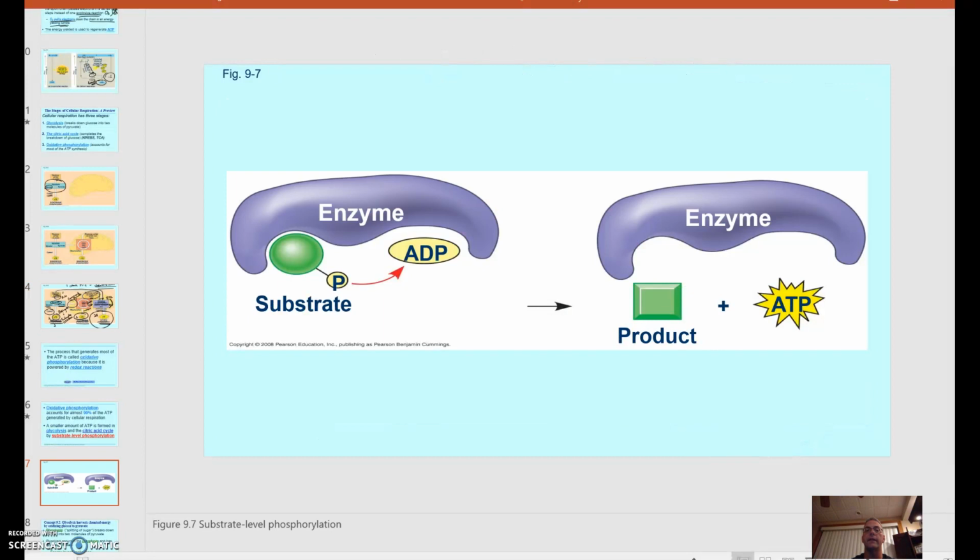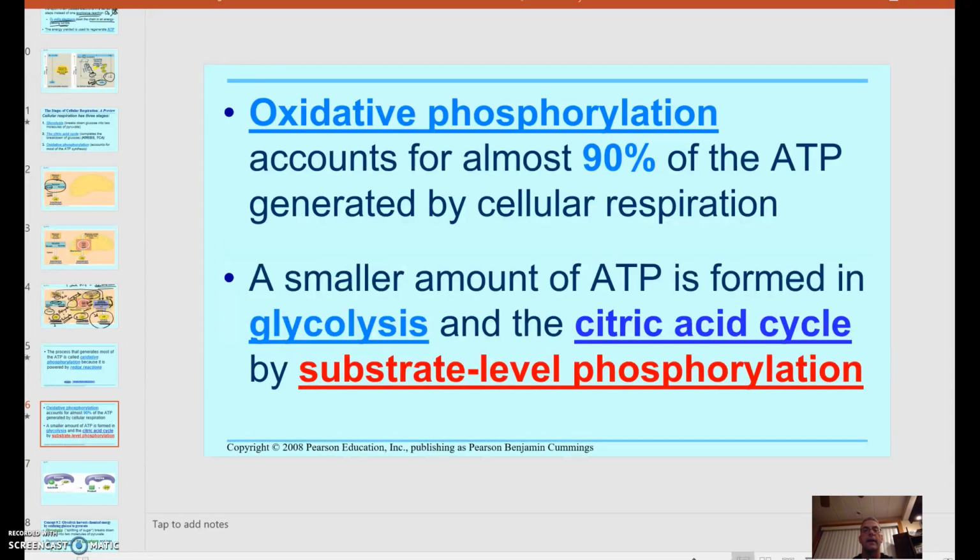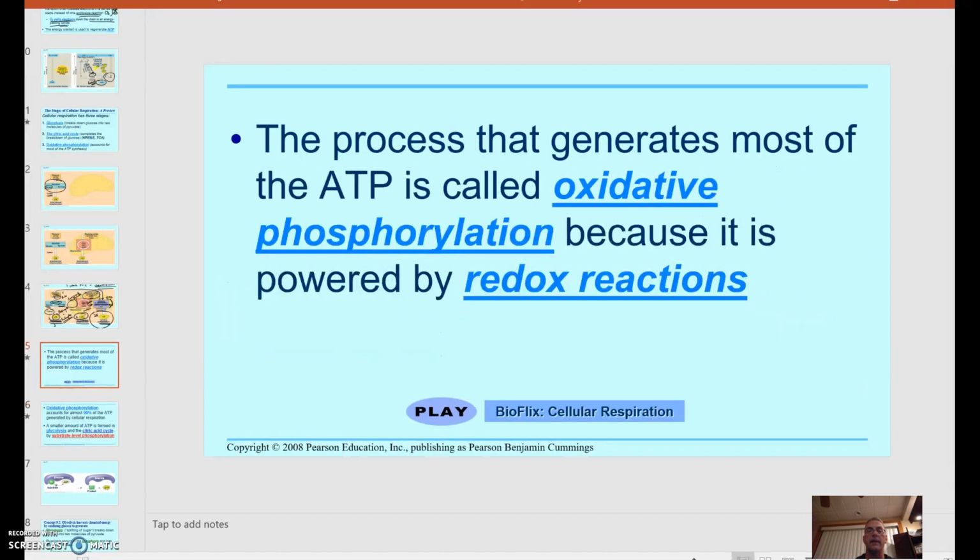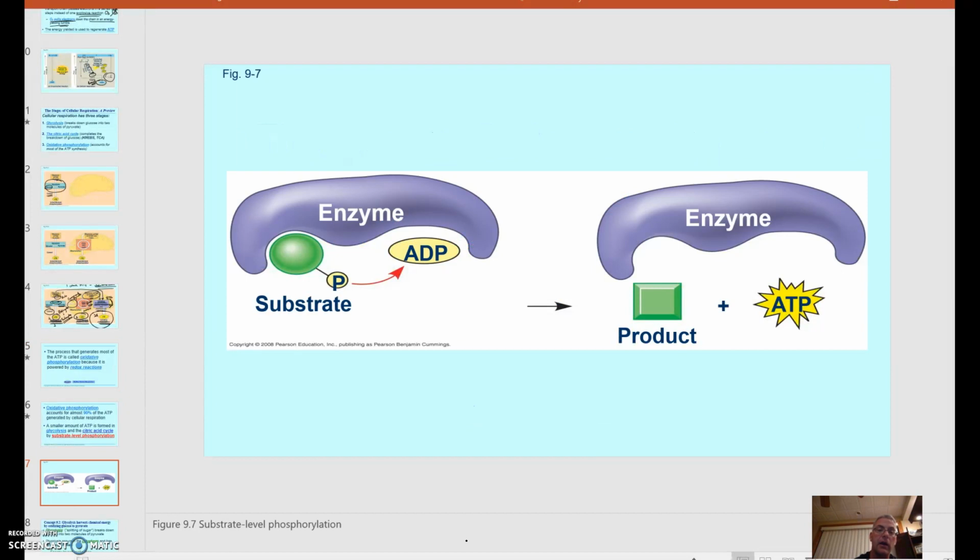Now, just real quickly, you saw me mention the term substrate level phosphorylation. The big difference between oxidative and substrate level phosphorylation is where the phosphate's coming from. If it's substrate level phosphorylation, a substrate is going to be the source of our phosphate.